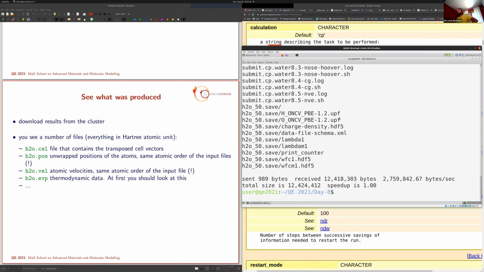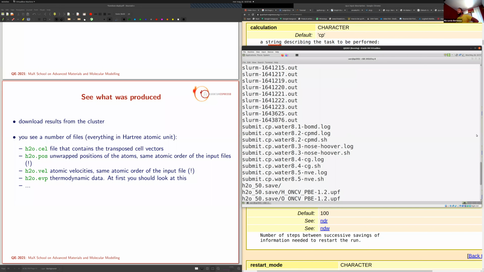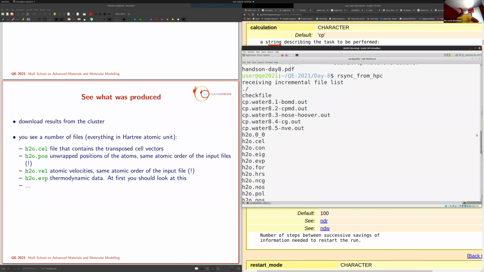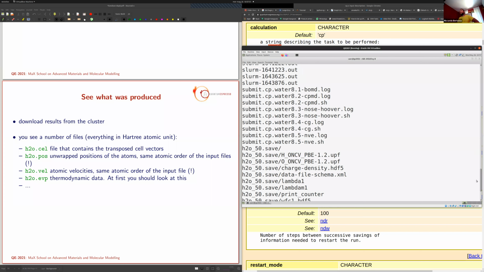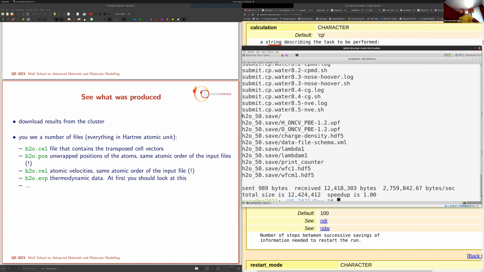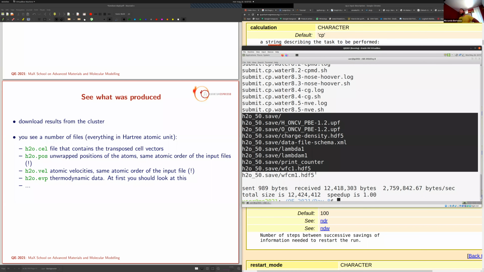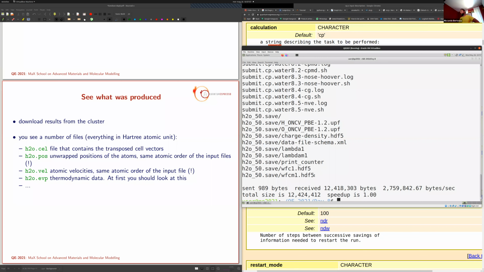You see in the list the trajectory files. Those are all the files that the code generates at every time step. Then you have the restart files, that are the files that we're going to read later to start the next step.